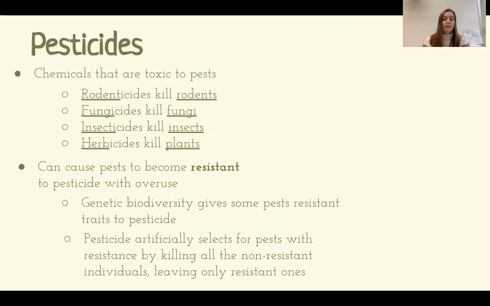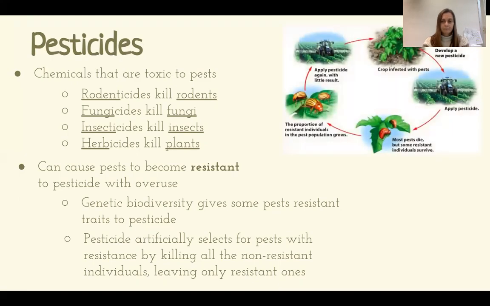And so the pesticide actually winds up selecting for the resistant organisms and allowing them to reproduce, because it kills the non-resistant ones and it leaves only the resistant ones. And those are the ones that survive and reproduce.